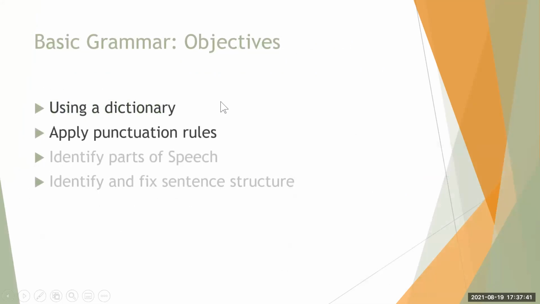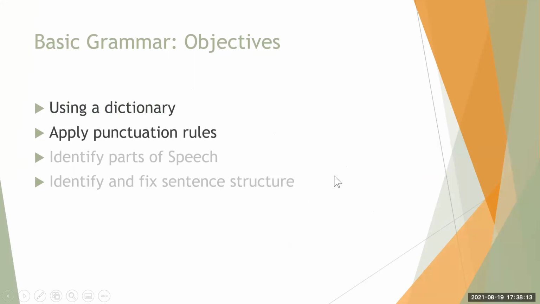So the first module talks about basic grammar, and I'm going to cover part of that first module in this session, the parts about using a dictionary and applying punctuation rules. These appear to be basic, simple, foundational rules and ideas, but you would be surprised at how many people write very complicated sentences and learn English for a long time yet do not understand these rules.